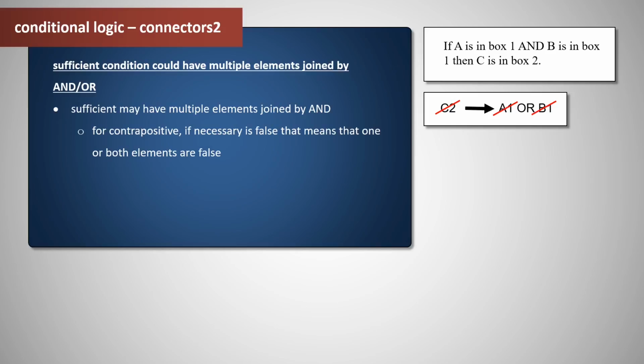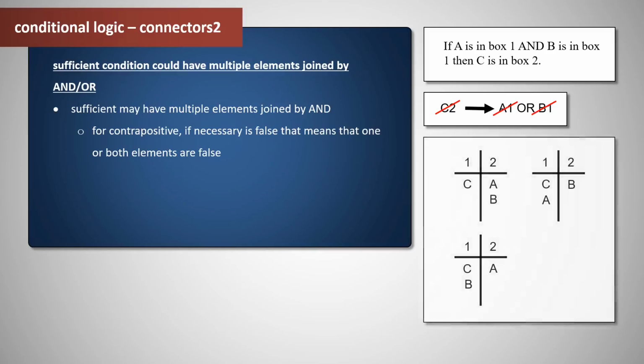If C is not in 2, then it's not the case that A is in box 1 and B is in box 1, which means it's not the case they're together, which means that one or the other, or maybe both, is not in box 1. You can capture that with the "or": not A1 or not B1, as opposed to drawing out A1 and B1 with the whole thing crossed out. We just immediately transform it into this because it's easier to recognize when you're looking at the diagrams.